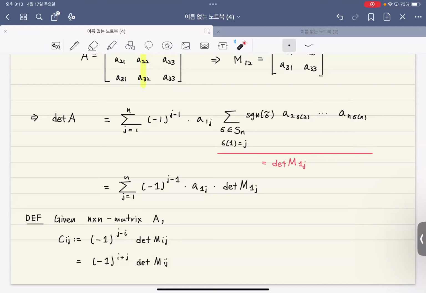And this number is called the ij cofactor of A.